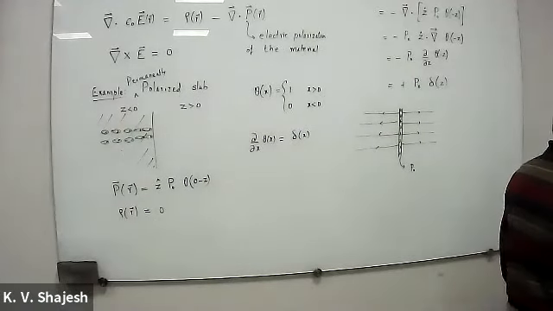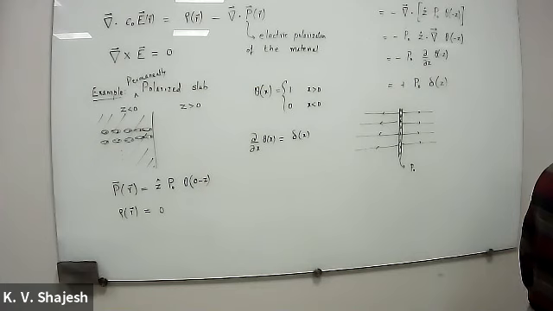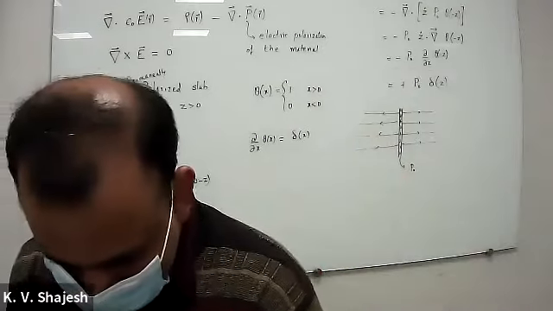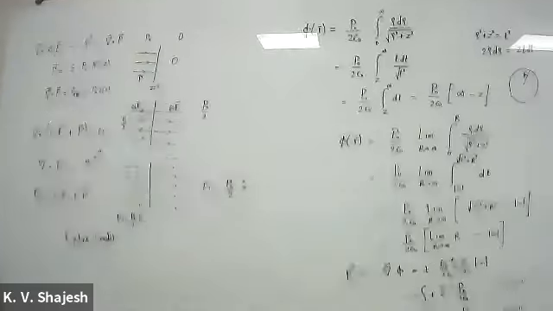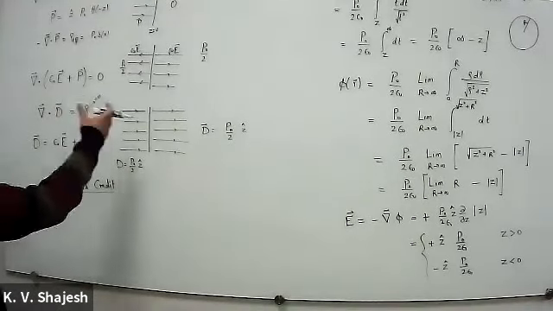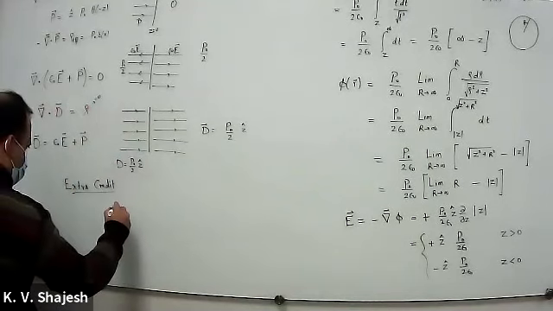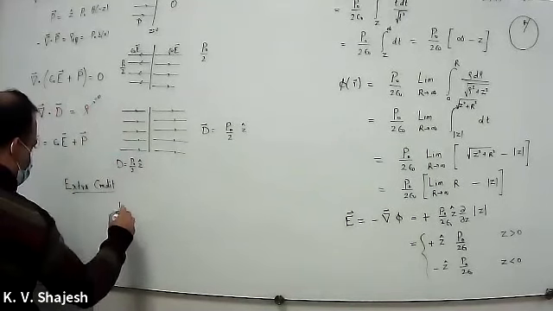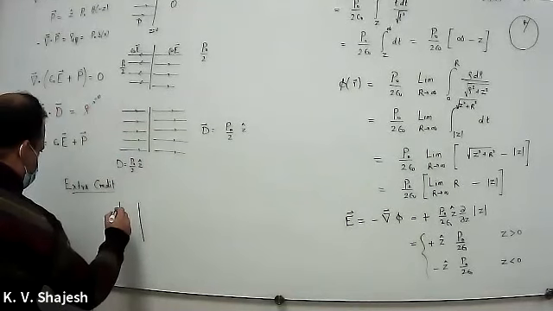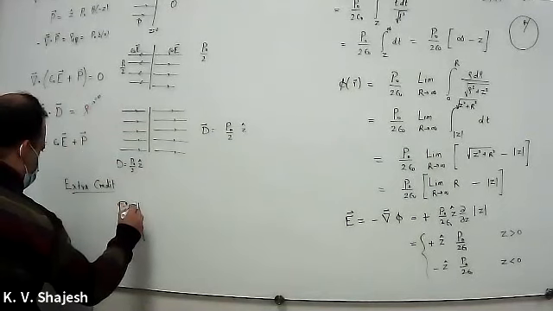So, extra credit is for this semi-infinite plane. Extra credit is to draw these lines without doing the actual calculation for a finite slab. So this is negative, positive, negative, positive.